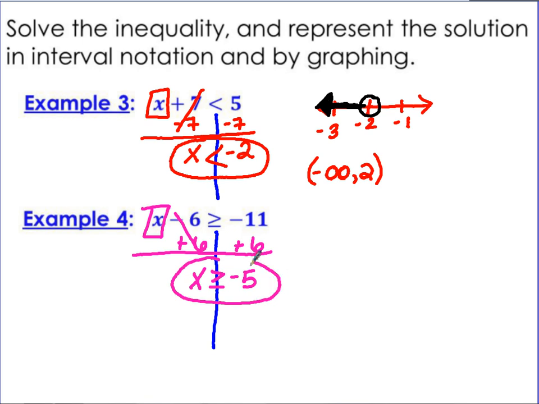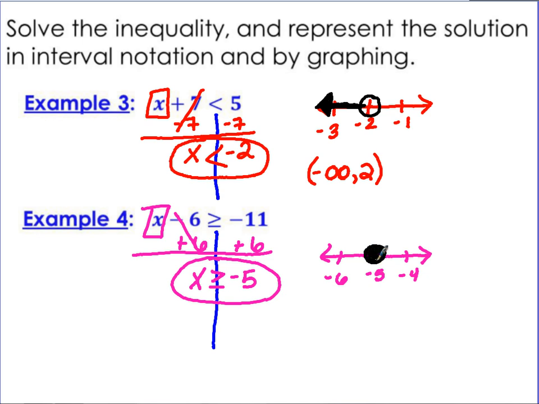my answer. But we have to represent it in multiple ways, so we are going to draw our number line first. And this is a -5, -4 because it's bigger, -6. And this one's going to be a closed circle because it says x is greater than or equal to -5.